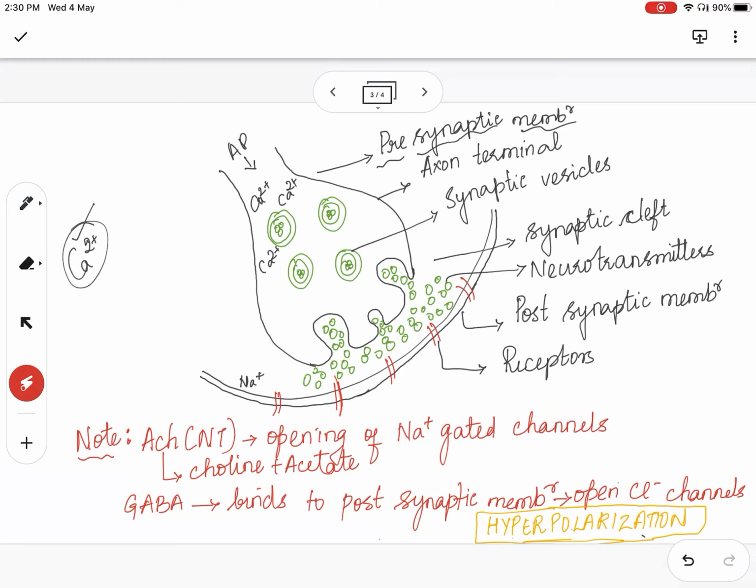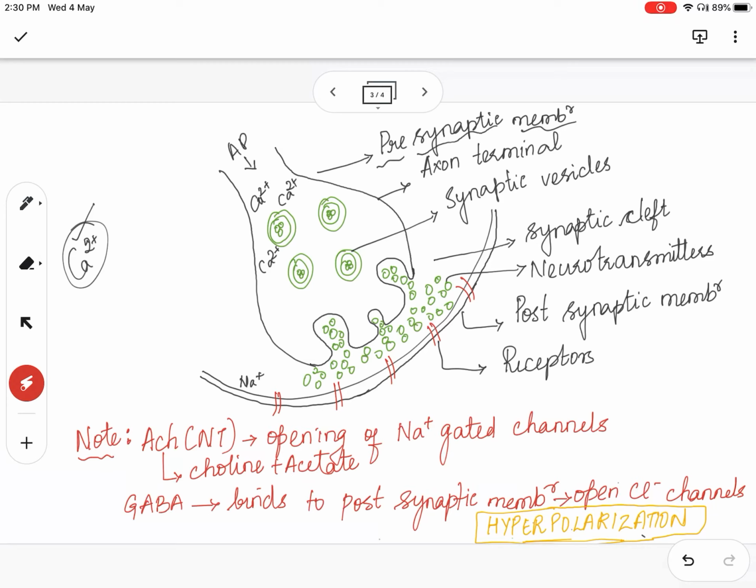So the entry of these ions into the postsynaptic membrane takes place. Only then can you expect a new action potential to be generated. Just like that, it is not going to work out. Some sort of ion has to come into contact with the receptors present on the postsynaptic membrane. Ultimately a new action potential will be generated in the next region, that is the postsynaptic membrane.